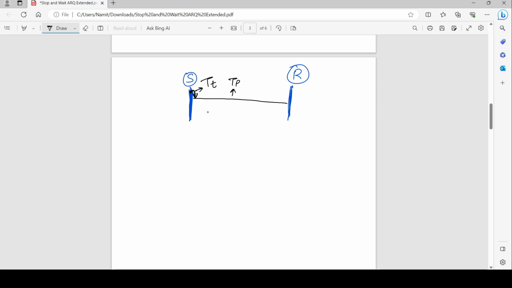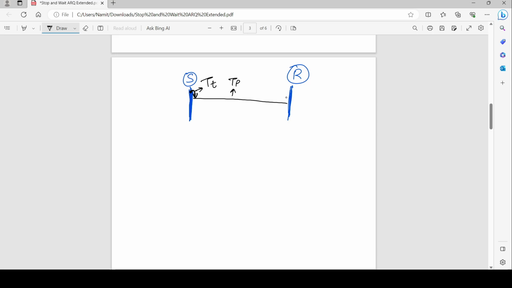Now if I talk about sender send, the amount of time taken by sender to send the data to the receiver is transmission time plus propagation time. Okay, that is the amount of time taken.